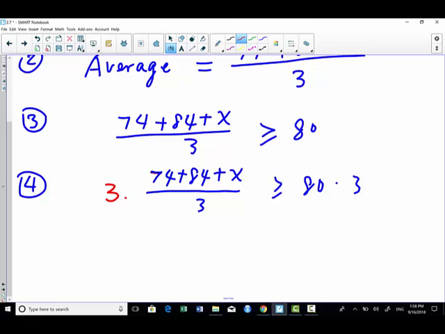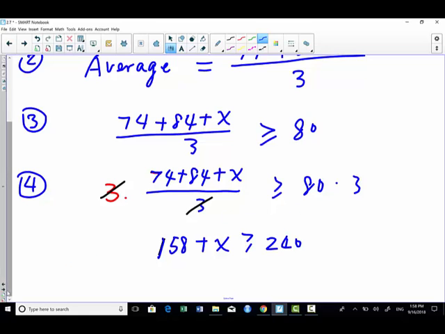That way, 3/3 cancel out. Also, the numerator 74 plus 84, you can simplify a little bit to be 158 plus x greater than or equal to 240.